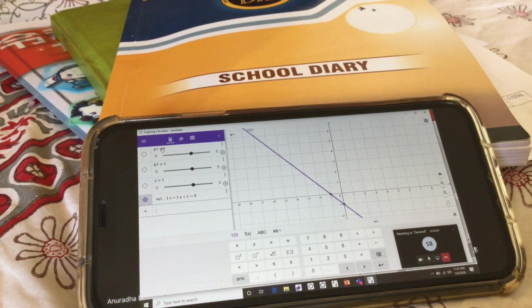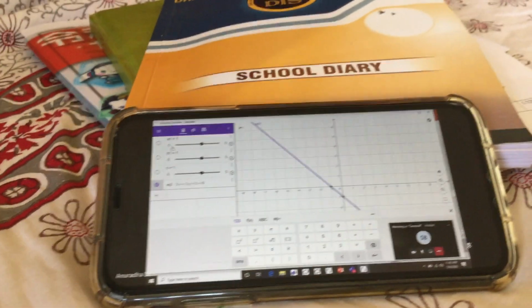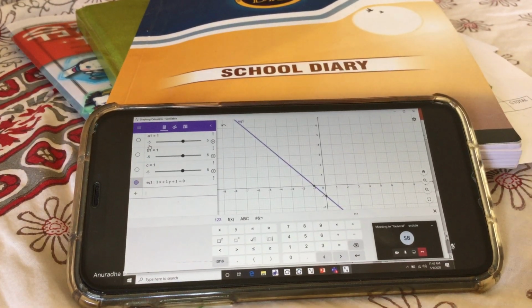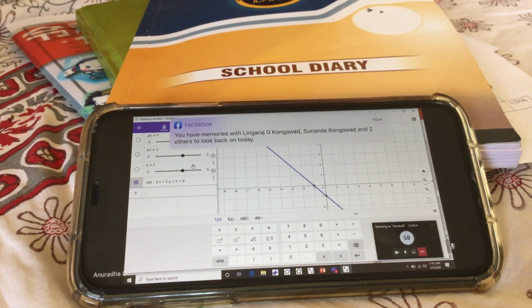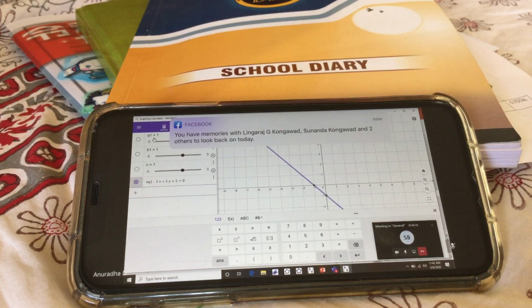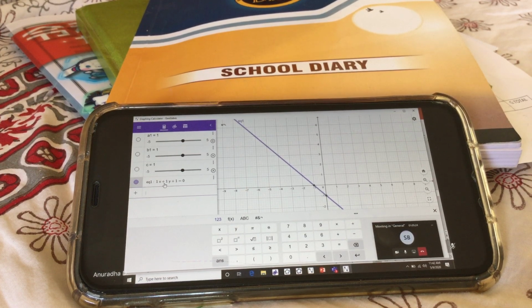Now you can see that the slider is set to have values from -5 to 5. B1 value -5 to 5, C1 values -5 to 5. This A1 value it had taken to be 1 each. So that is why the equation, though we typed A1x plus B1y plus C1 equal to 0, you have got it. Now this is actually the second level.